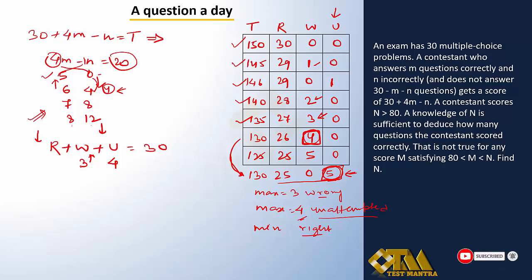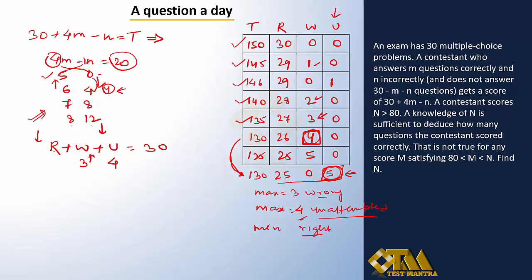Right. So here it's already given that a knowledge of n is sufficient to deduce how many questions the contestant scored correctly. And it's already given that if the score is lesser than n, a person is not able to identify. That means I'm talking about n should be the minimum value possible.